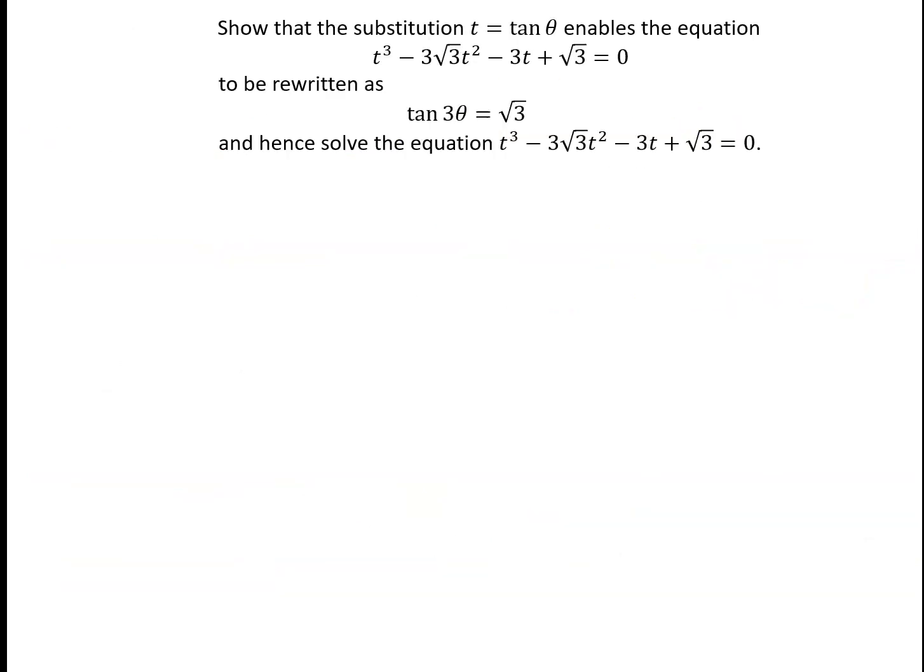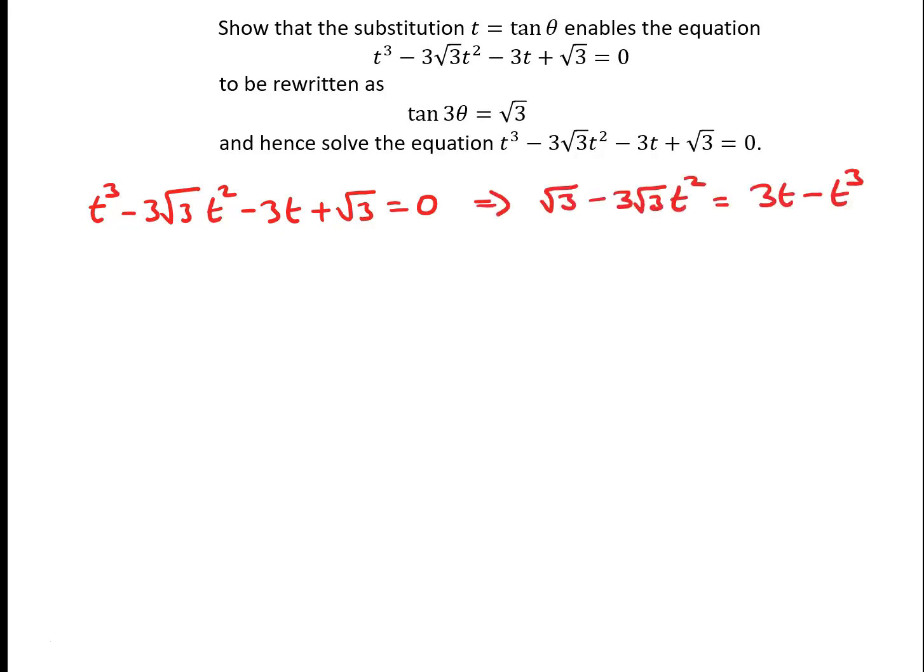Show that the substitution t equals tan theta enables this equation t cubed minus 3 root 3 t squared minus 3t plus root 3 equals 0 to be rewritten as tan 3 theta equals root 3, and hence solve the equation. So, looking at the equation that we've got, if we take the terms not involving the root 3 onto the opposite side, we obtain root 3 minus 3 root 3 t squared is equal to 3t minus t cubed.